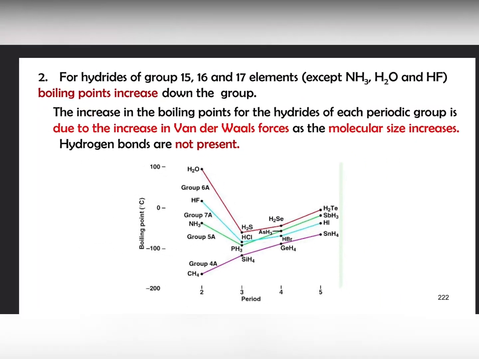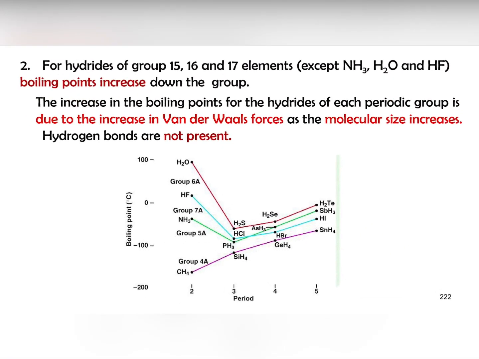Okay, so kita discuss yang general dahulu di bahagian sini. So the increase in boiling point for hydrides in each periodic group is due to the increase in van der Waals forces, sama macam yang kita discuss in group 14 tadi. Increase in size, so the boiling point will also generally increase. Okay, tapi tidak untuk these 3 molecules.